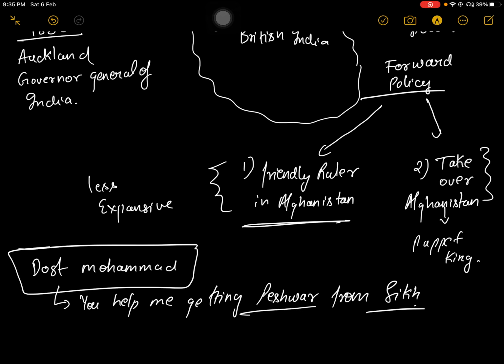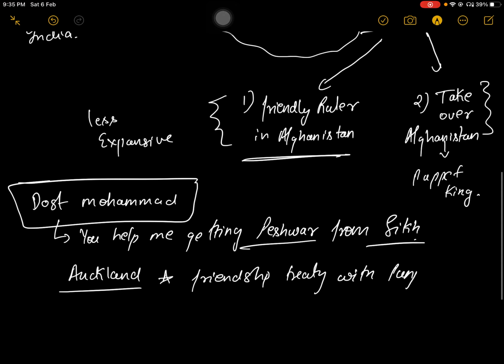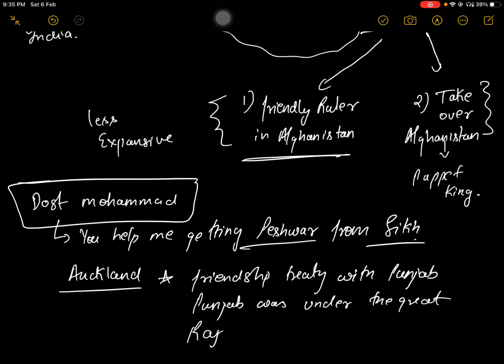And they have taken it, and get it back for me. And I will do the friendship treaty with you, we'll be friends. But Auckland at that time says that you know what, we have a friendship treaty with Punjab. And then Punjab was under the great Ranjit Singh, or I should say Maharaja Ranjit Singh.